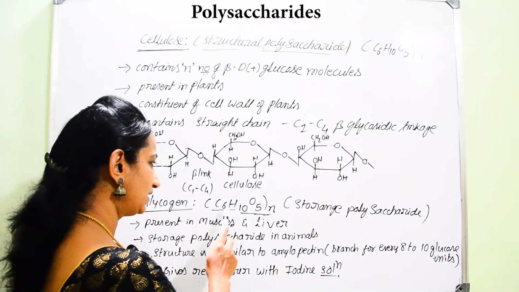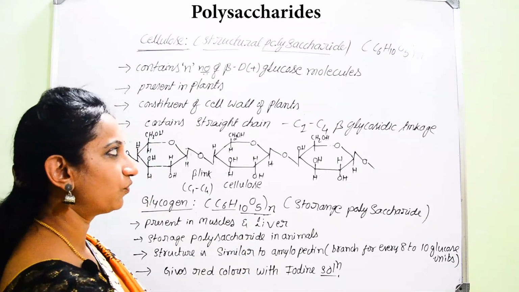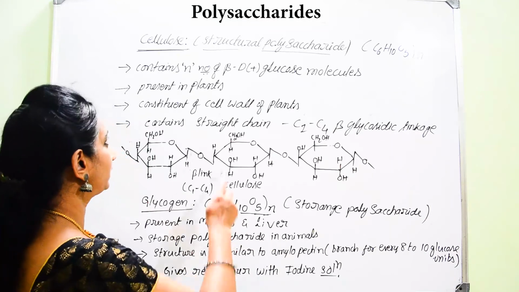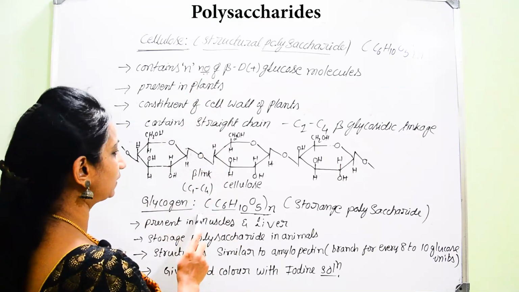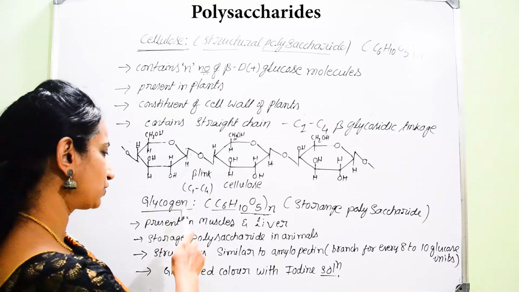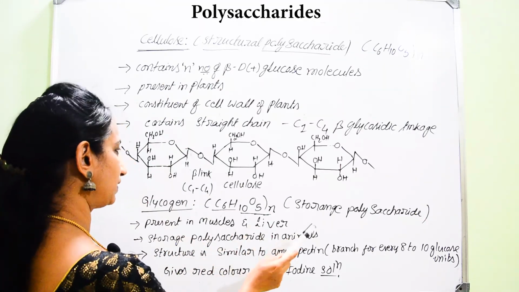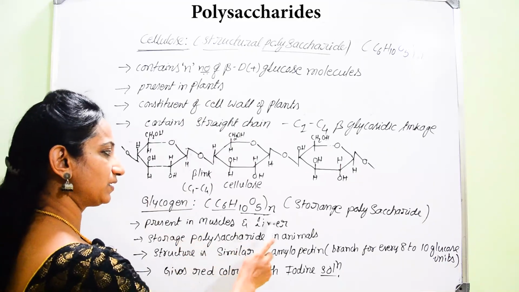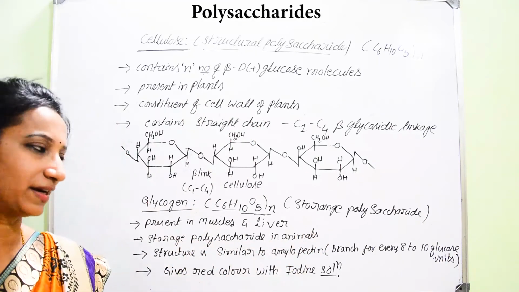What is the formula? C6H10O5. So for polysaccharides we can give this general formula. But the difference between cellulose and glycogen is that cellulose is found in plants, whereas glycogen is found in animals. So cellulose is a structural polysaccharide, but glycogen is a storage polysaccharide.